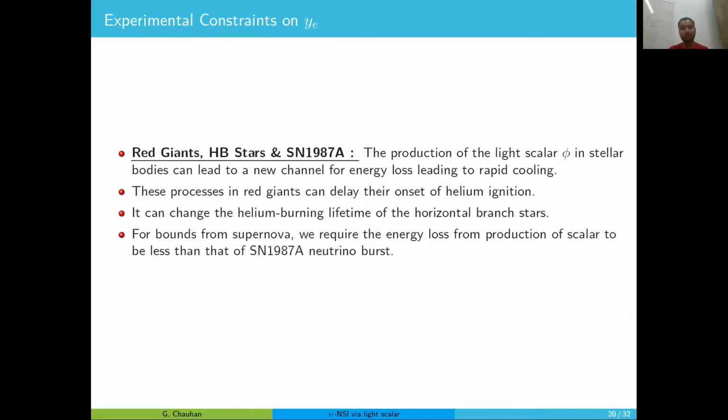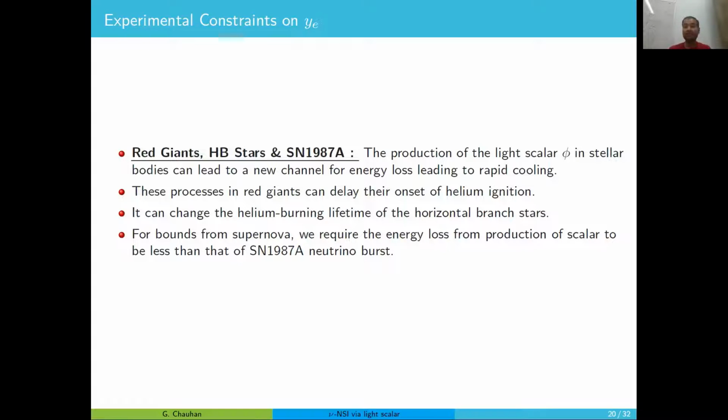The next one is the constraints from these astrophysical bodies, namely red giants, horizontal branch stars, and supernova 1987A. If you have a very light scalar phi which couples to these electrons, then it can be produced in these stellar bodies.